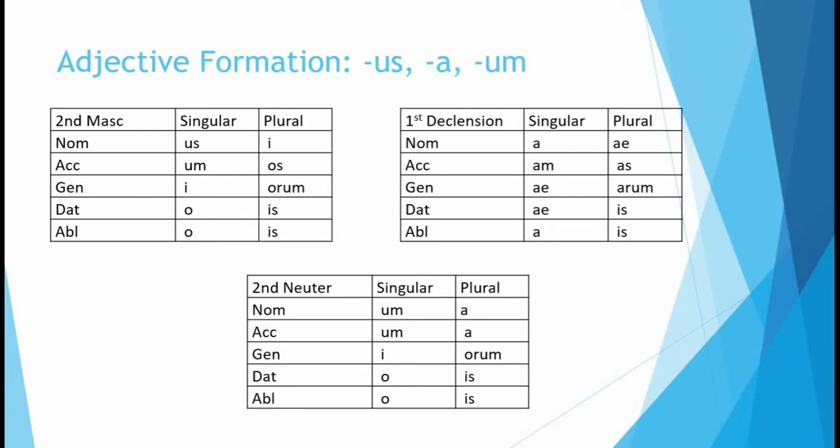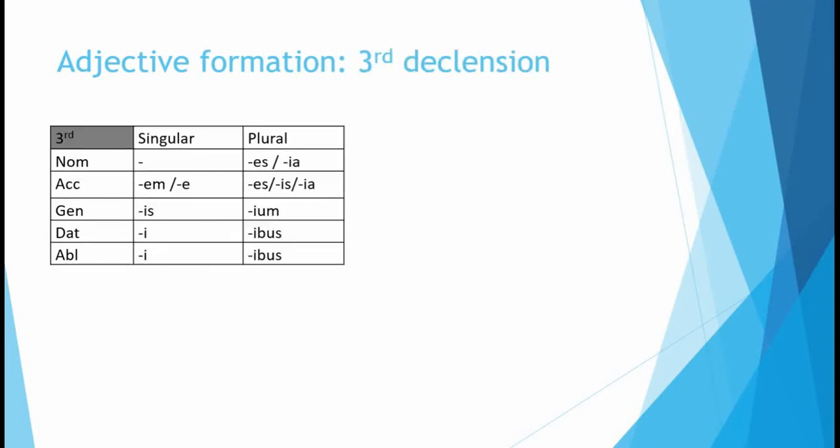So as I say, adjectives match the noun they describe in gender, case, and number, okay. So gender being whether they're masculine or feminine or neuter. Case as in whether they're nominative, accusative, genitive, dative or ablative. And number whether they're singular or plural, okay.